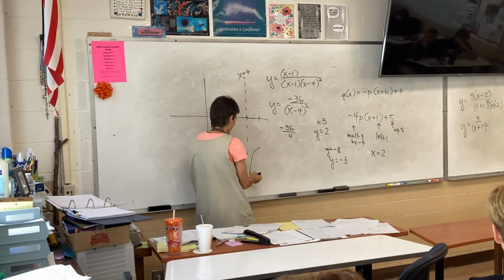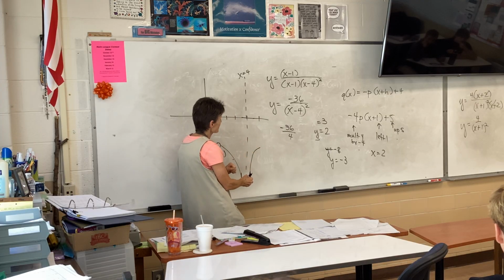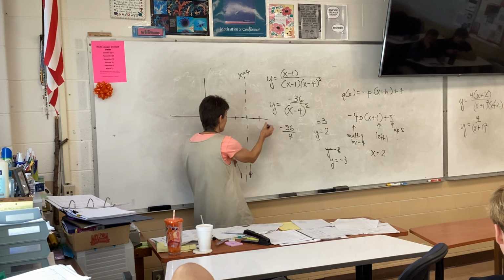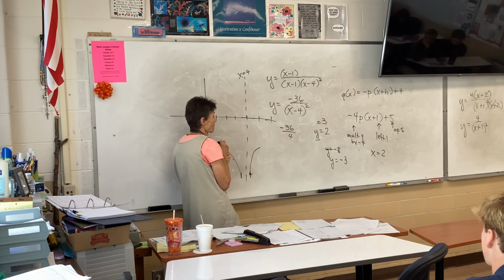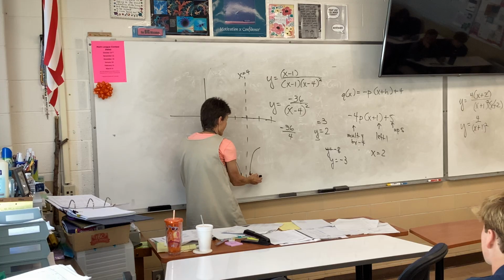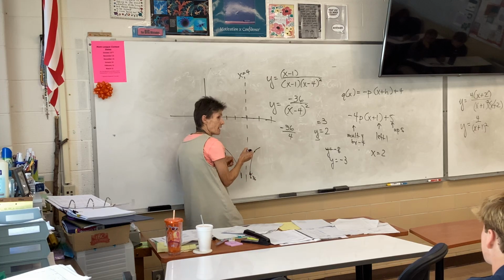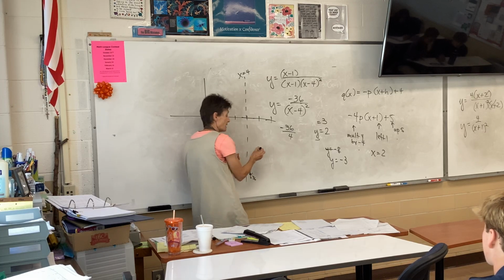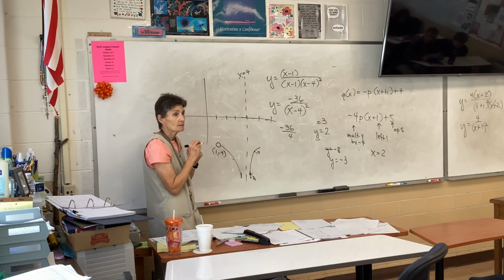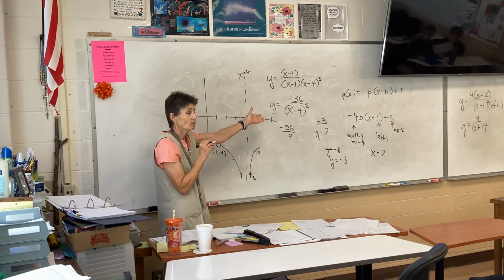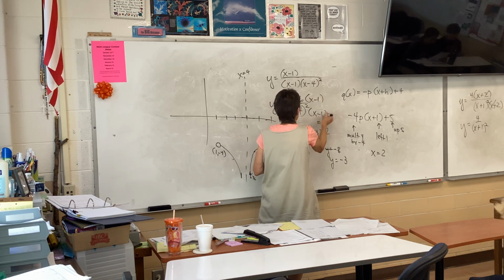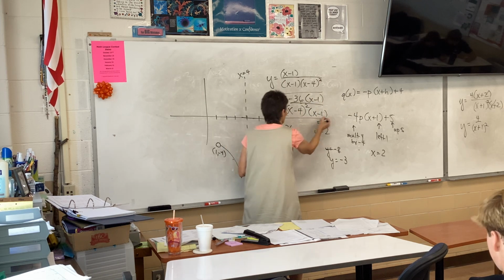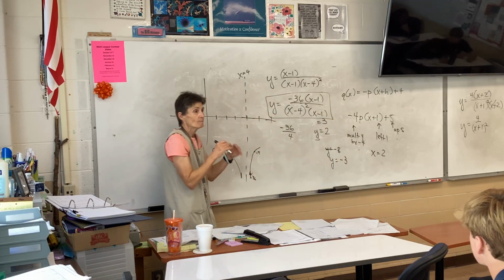If I put in 5, I get negative 36. What if I put in 6? If I put in 6, I get negative 9. Is that what I want to have happen? So there is a possible equation.